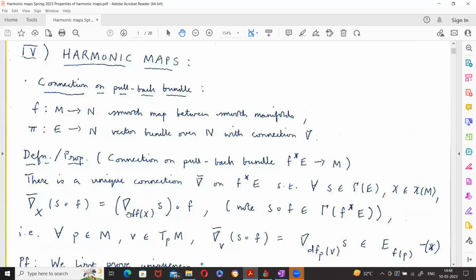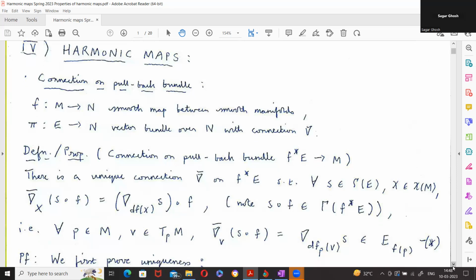You take the image of X under DF, which is a tangent vector in N. That tangent vector I can apply to this section S on N, using my given connection nabla on E, and then I compose with F. So I look at nabla sub DF(X) applied to S, composed with F. I want this compatibility condition to hold between nabla bar and nabla.